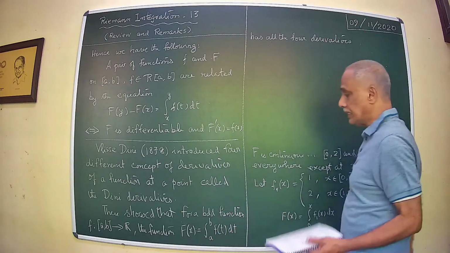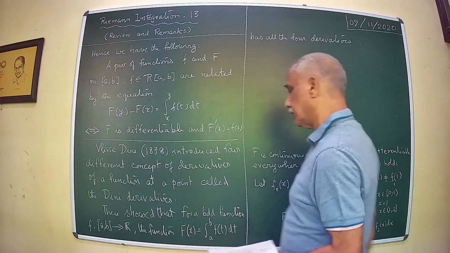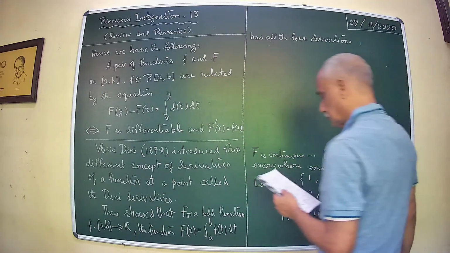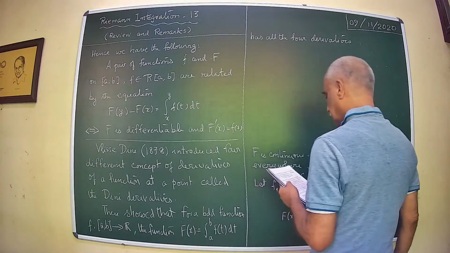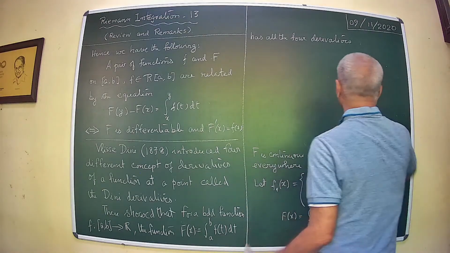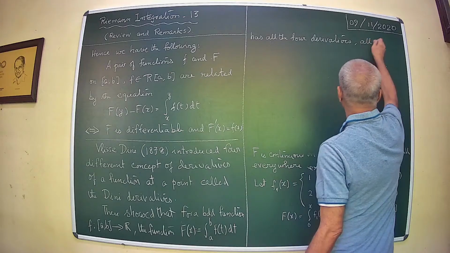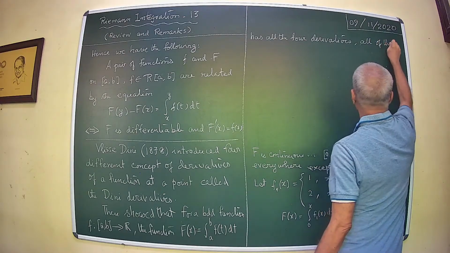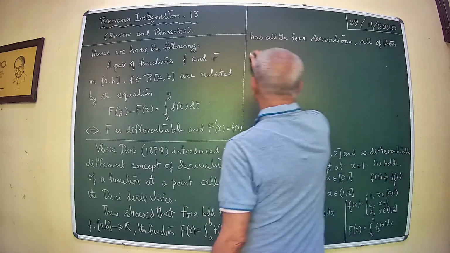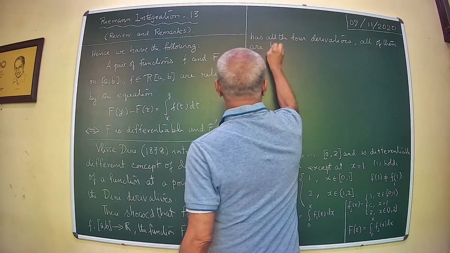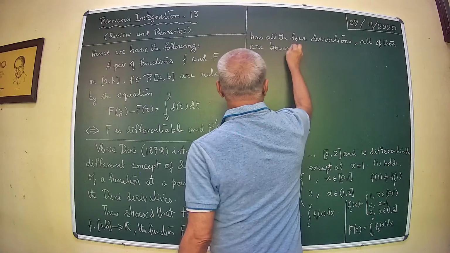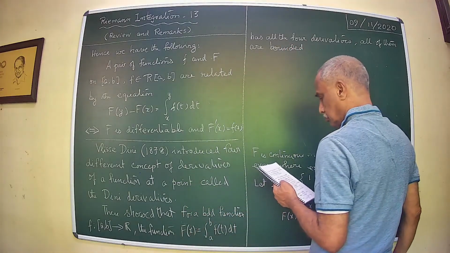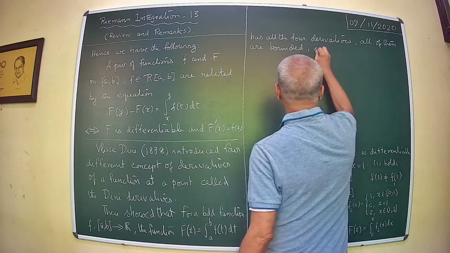Here we are tacitly assuming that f is Riemann integrable. It's bounded. All of them are bounded. Integrable.